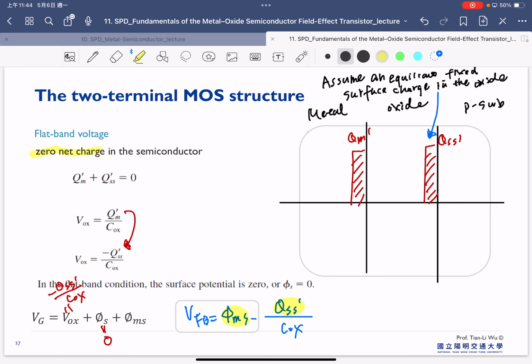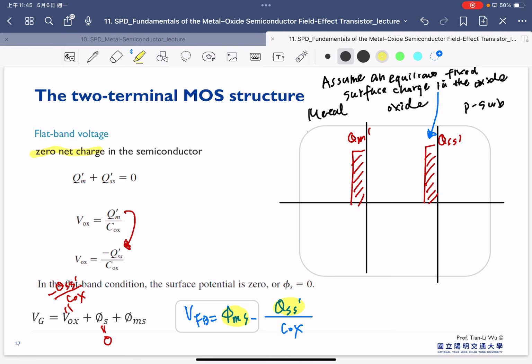But as this is a course, we still have to go through this at least one time, and probably you'll get some sense. If in the end you forget all these things, that's still fine, but at least you should know that the flat band voltage is certainly related to your metal work function, and it's related to your fixed surface charge.